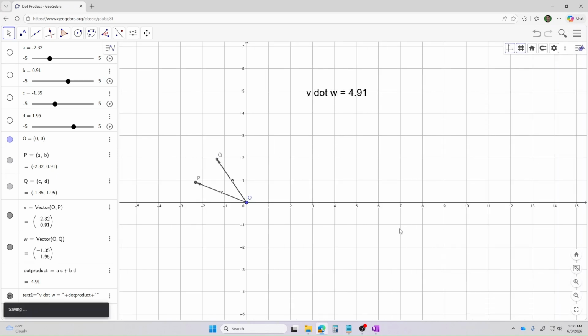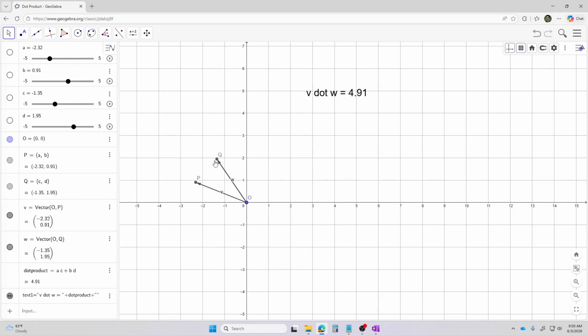So here on GeoGebra, I have two vectors v and w, and I can adjust those vectors by dragging around their terminal points. And up here I have some text which is calculating and displaying the value of the dot product between the v and w that are currently drawn.